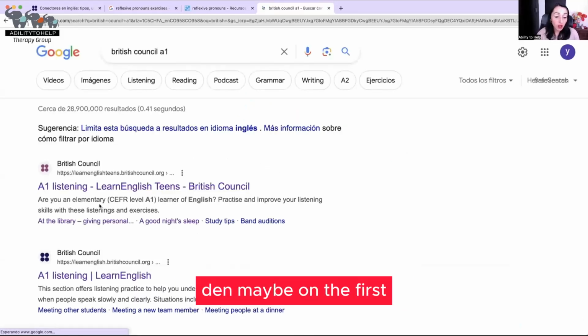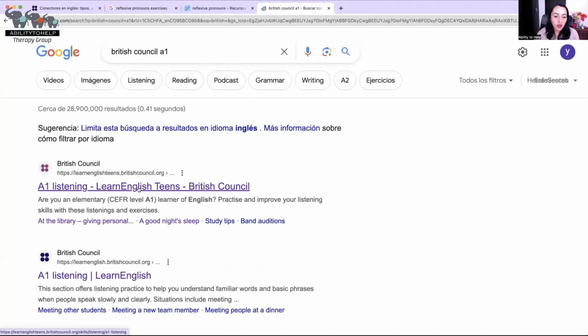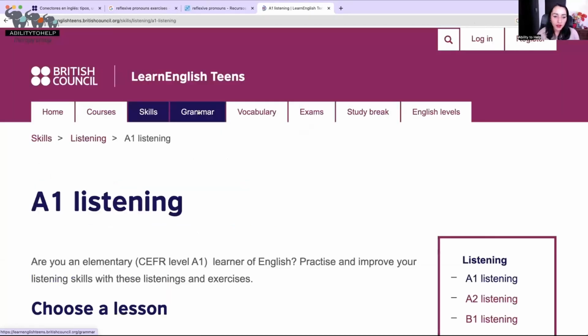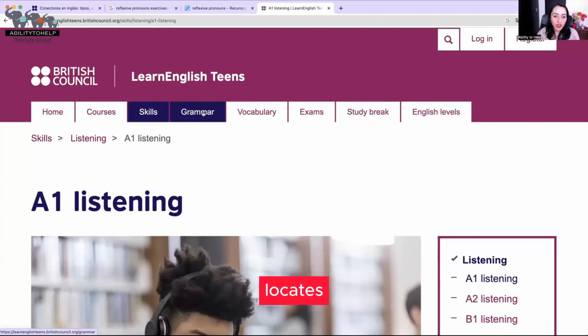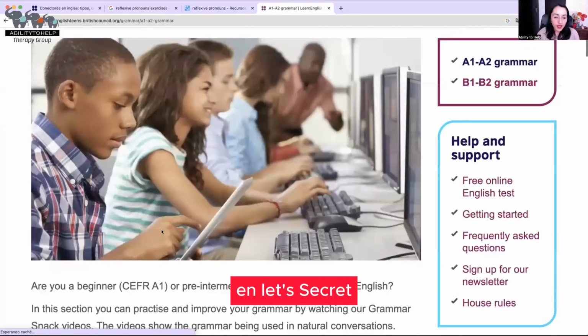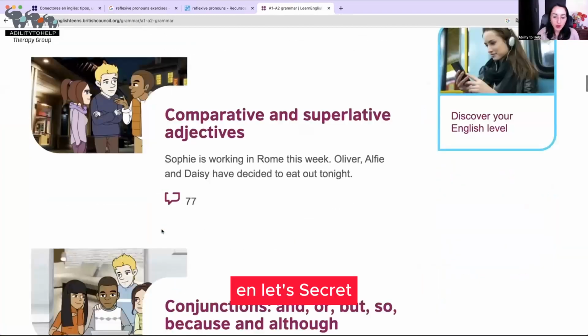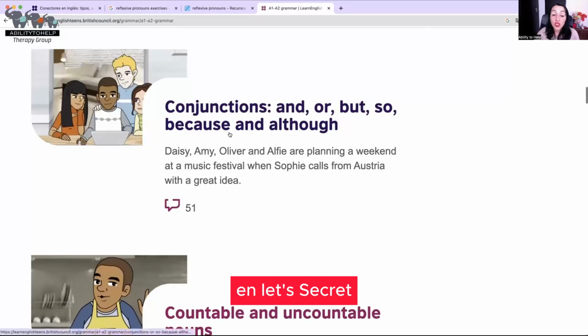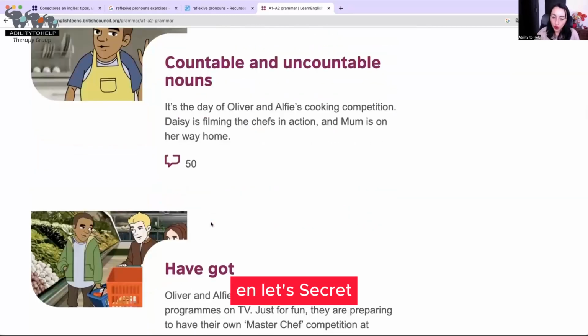Then maybe on the first one, we could find grammar. Look at this. So looking grammar. And let's see frequency adverbs, conjunctions. Last class we talked about it. So you could learn and practice on this page too.